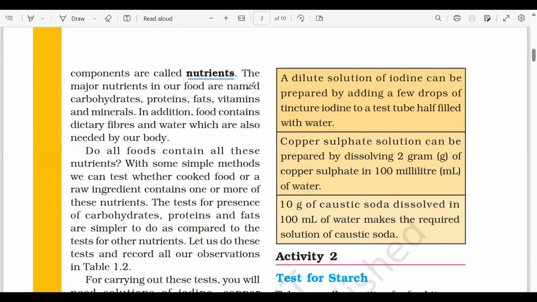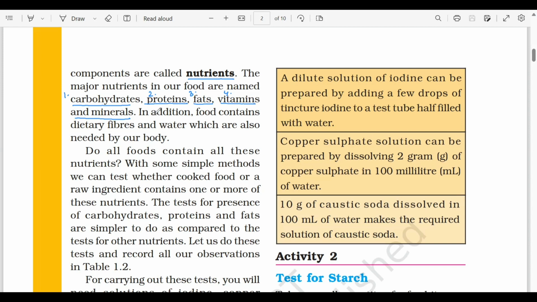And the major nutrients that are found in a food are, first, carbohydrates. Second, proteins. Third, fats. Fourth, vitamins and minerals. I want you all to mark this. So there are 4 different types of nutrients that are found in a food, which are carbohydrates, proteins, fats, and vitamins and minerals.